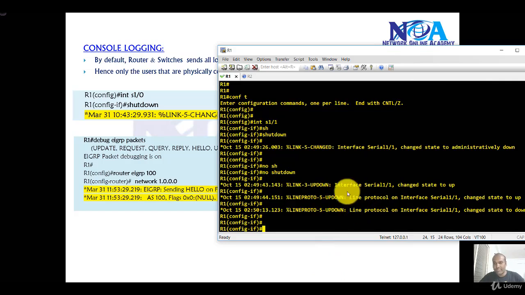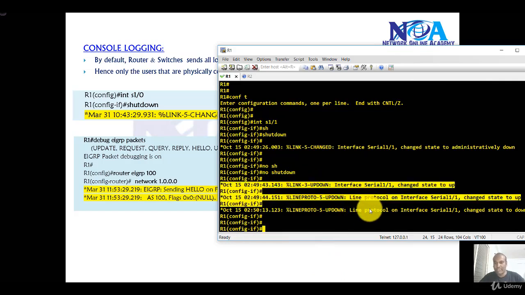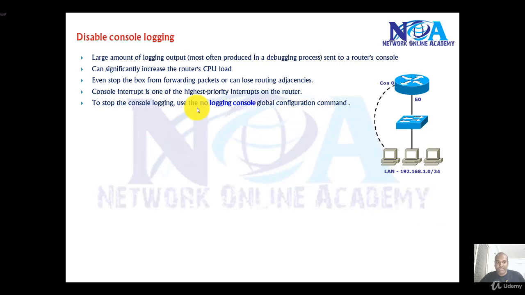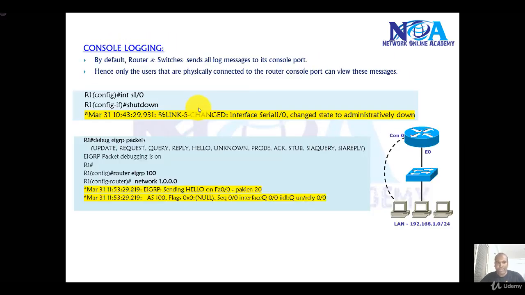Currently here the console access is on router 1. Now by default these messages are not saved. Even if you try to enable some kind of debug messages in the backend, you also see debug messages where the hello messages are sent every 5 seconds. Those messages will also be shown if you enable the debug messages by using debug EIGRP packets.